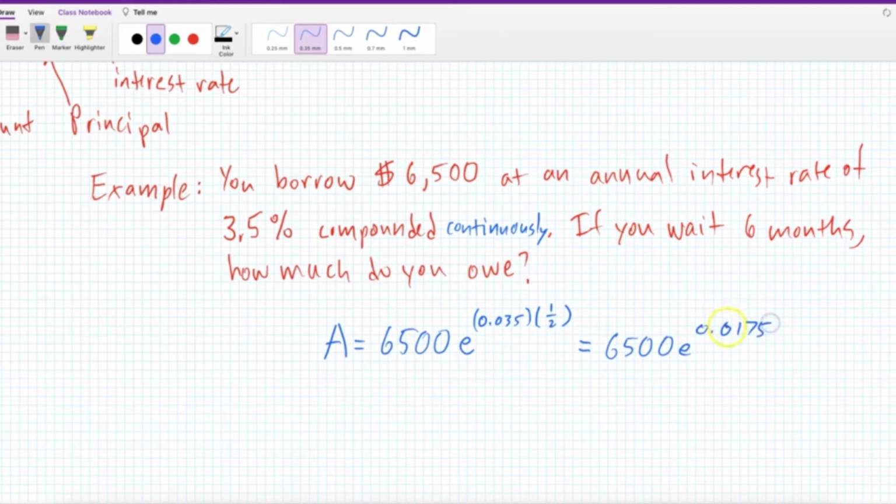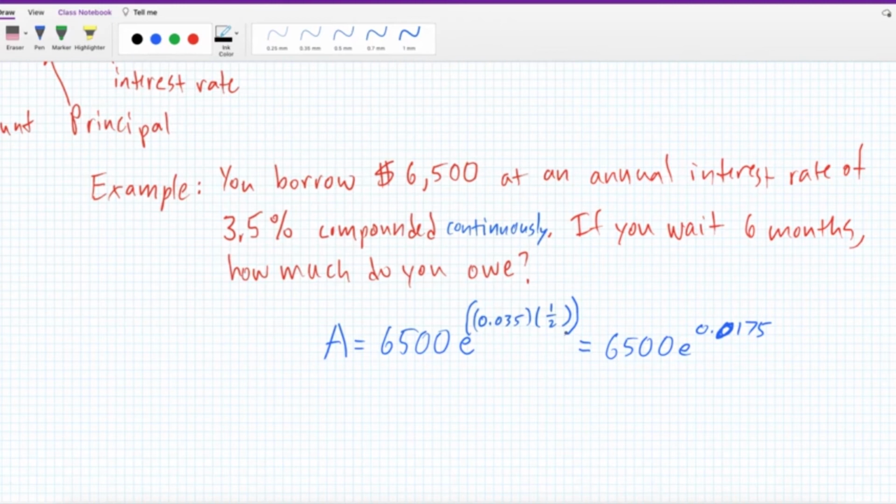If I have a calculator where I can plug everything in at once, then I don't really need to do that. Just make sure that you have parentheses around the entire exponent if you're going to put it all in at once. Okay, so if I want to do this one piece at a time, I start by raising e to the 0.0175 power, and then I multiply by 6,500.